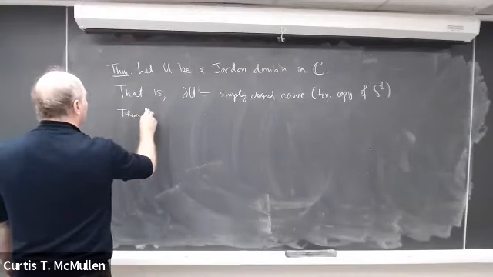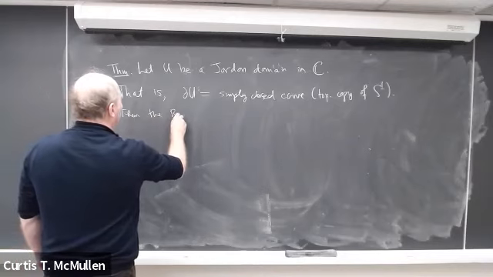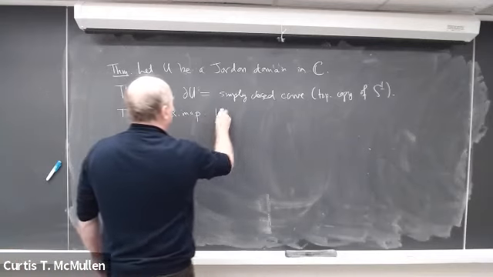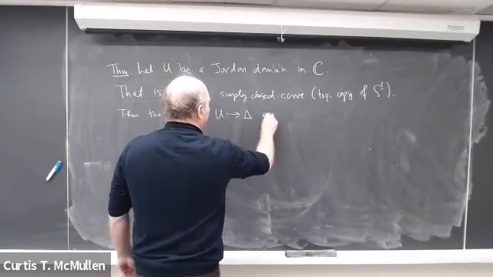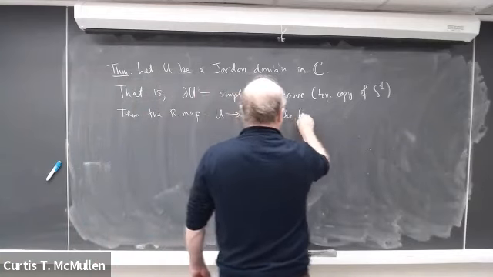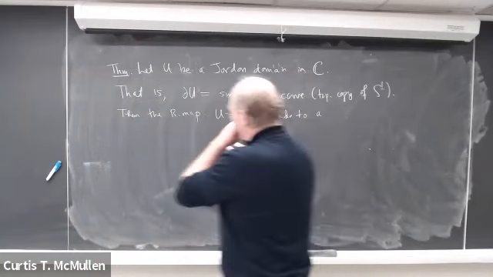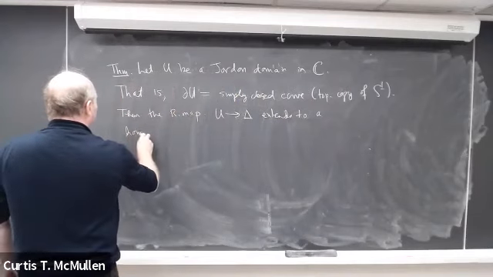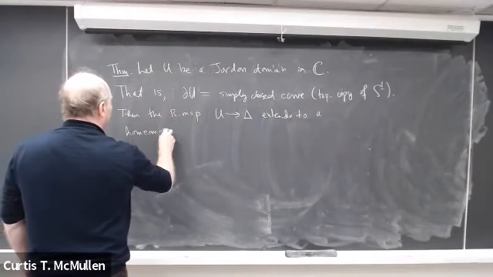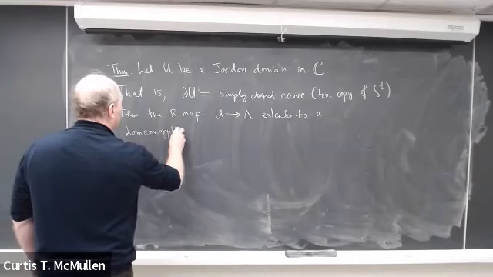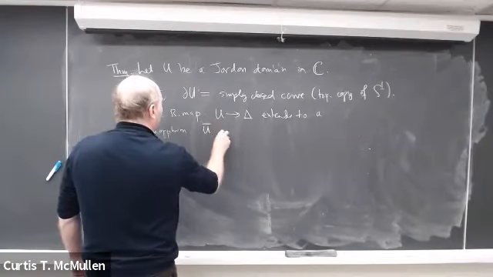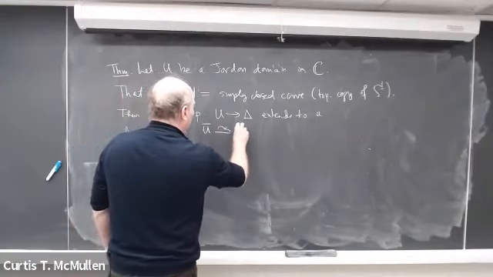Then the Riemann map from U to the disk extends to a homeomorphism from U bar to the closed disk.